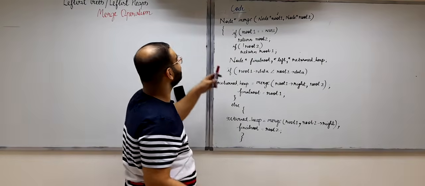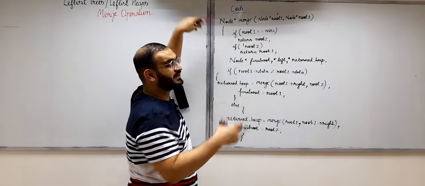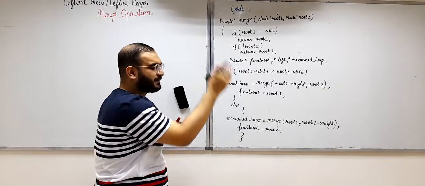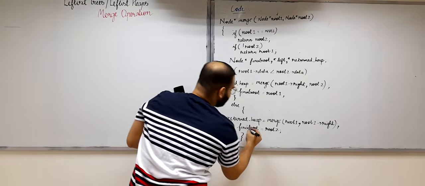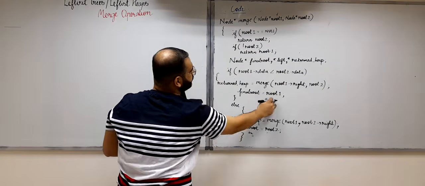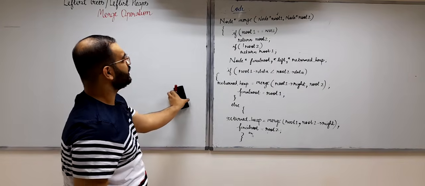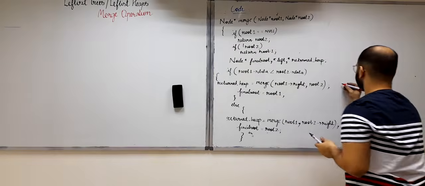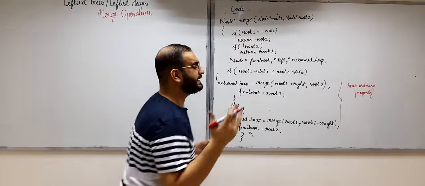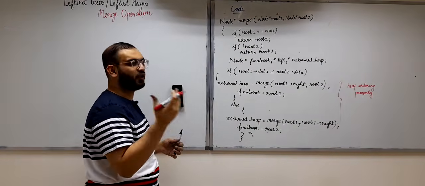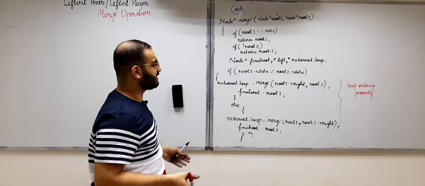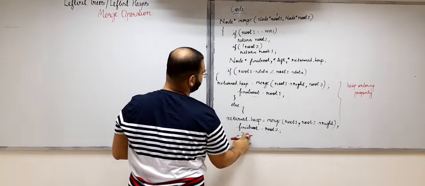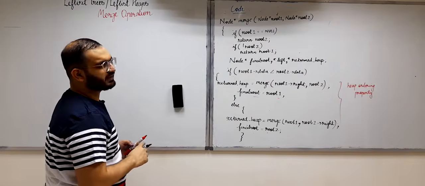We also want to maintain the heap ordering property, where the finally merged heap's value is the lowest at the root. That property we are maintaining by setting final root as root 2 or root 1, right? The root of any heap should be smallest. It should be smaller than all its descendants. That is why we are writing final root equal to root 1 and final root equal to root 2. Okay, so now what is left?